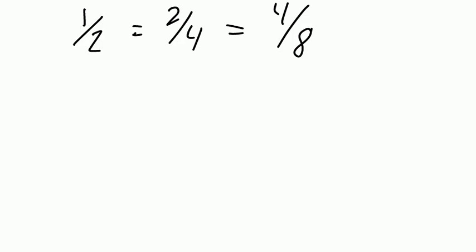All of these are equal to each other, and because all of these numbers are divisible by 2, we're able to bring them down. So if we have 8 and we divide by 2, we get 4. If we have 4 and we divide by 2, we get 2.